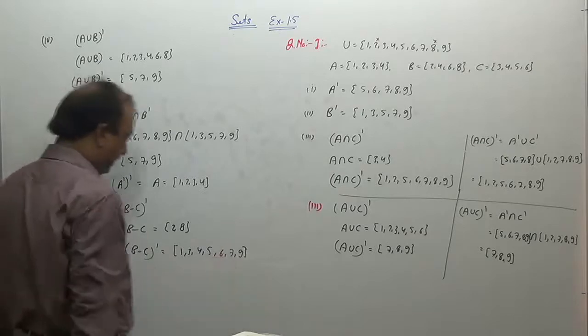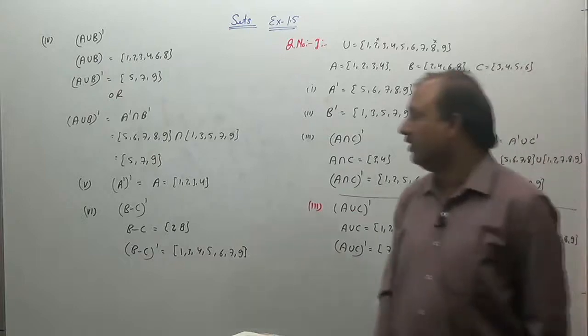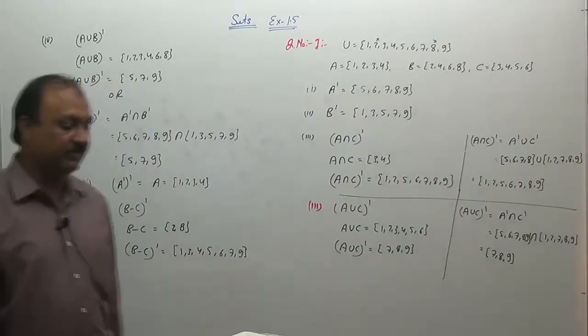So this is the B minus C complement, and this is the solution of question number 1 of this exercise 1.5.